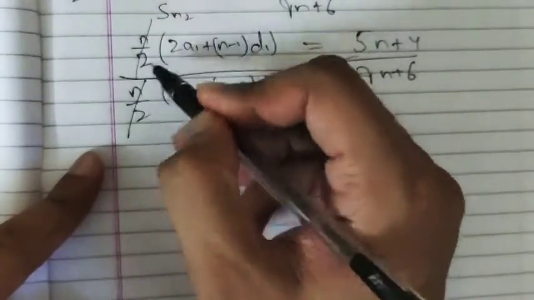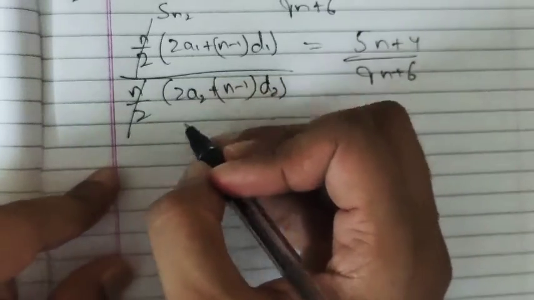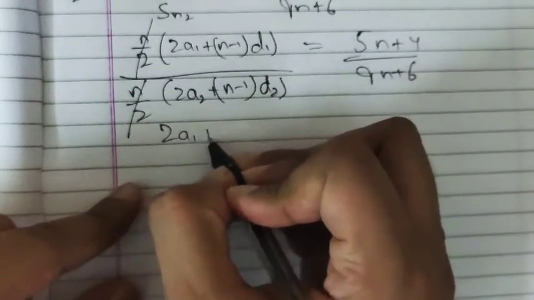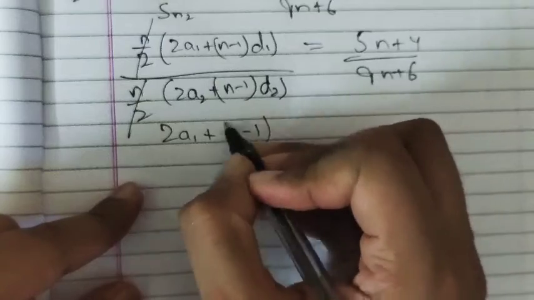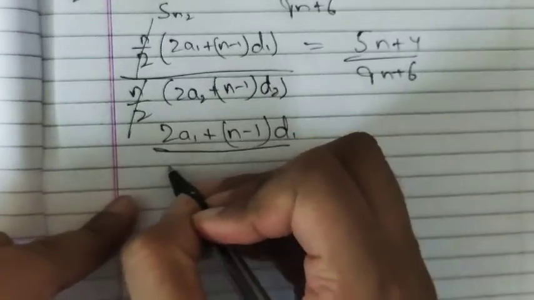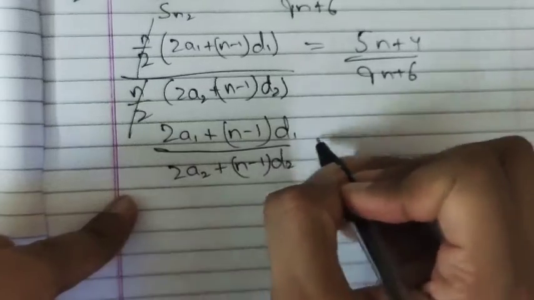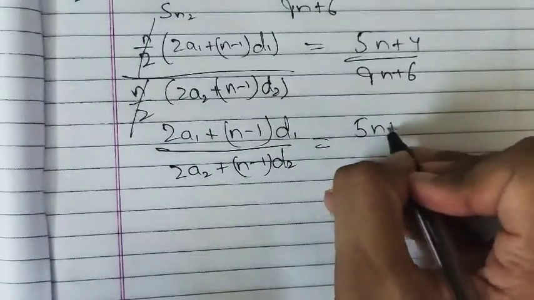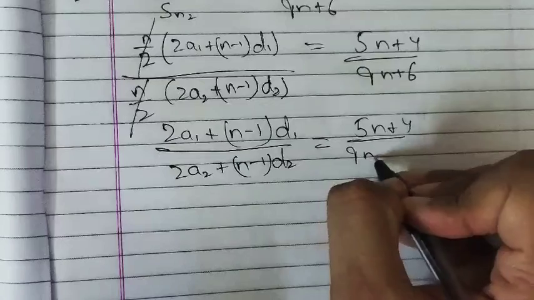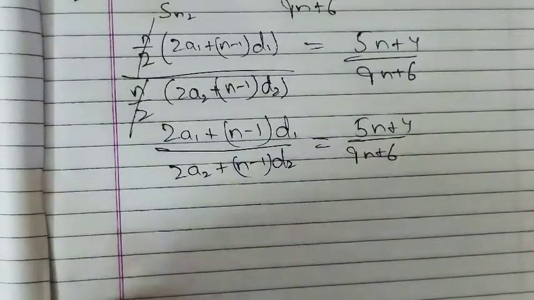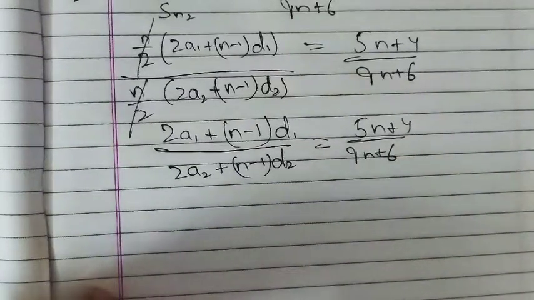So n by 2 to n by 2 get cancelled. Now 2a1 plus n minus 1 d1 upon 2a2 plus n minus 1 d2 is equal to 5n plus 4 upon 9n plus 6. Now we have to find out the ratio of their 18th term, right?